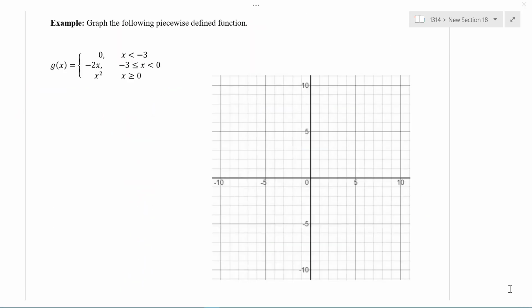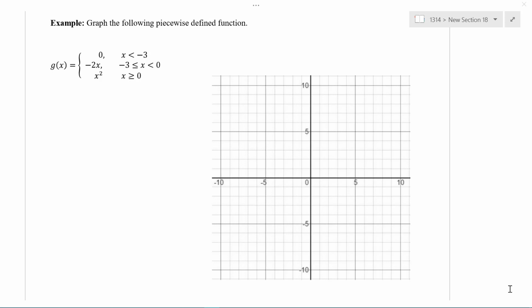Graph the piecewise function. We have g of x equals 0 when x is less than -3. We have -2x when and if the x value is between -3 and 0. So the x value has to be greater than or equal to -3, but less than 0. Okay.